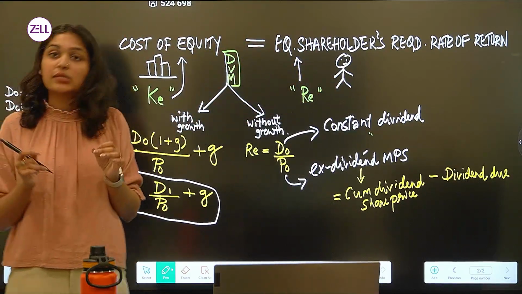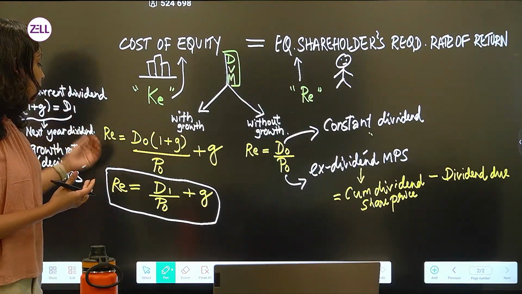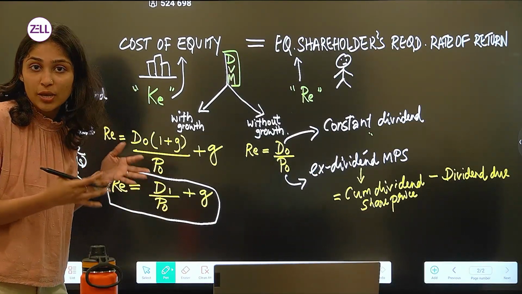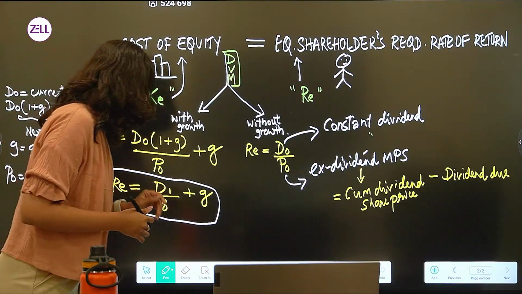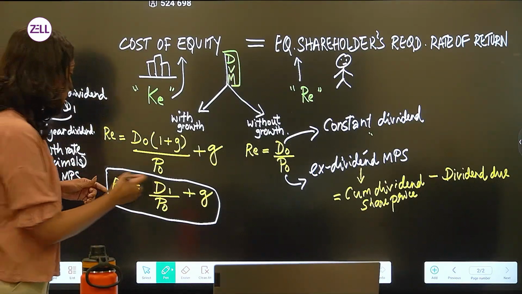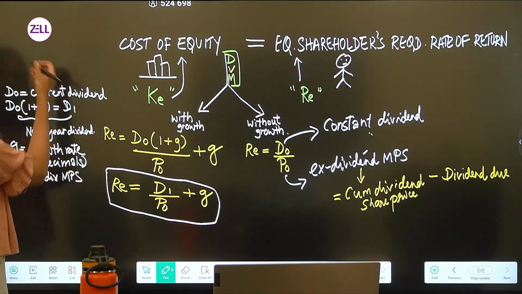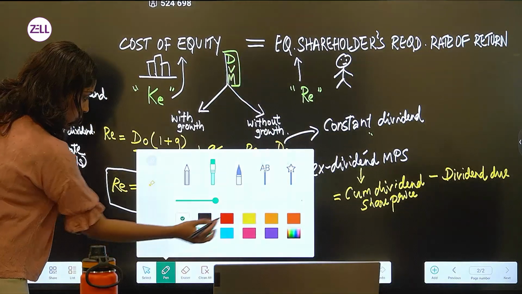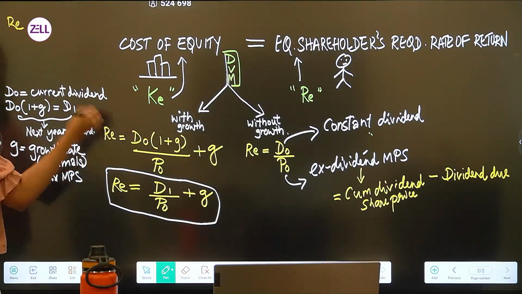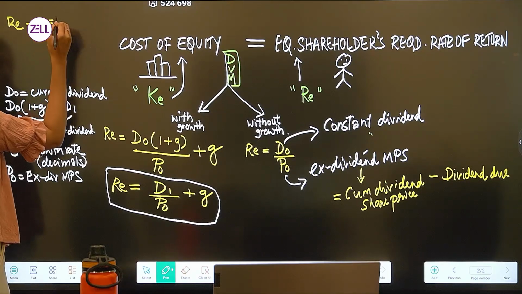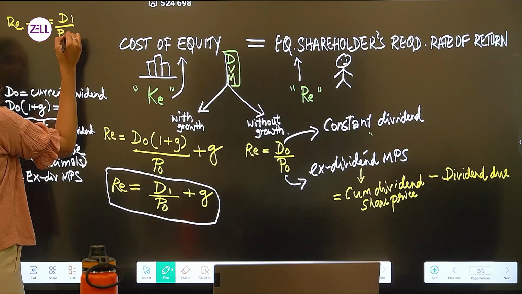But this same formula can be used to calculate the market price of the share as well, which simply means that this plus G will go to the other side, so it will be minus G is equal to D1 divided by P0.